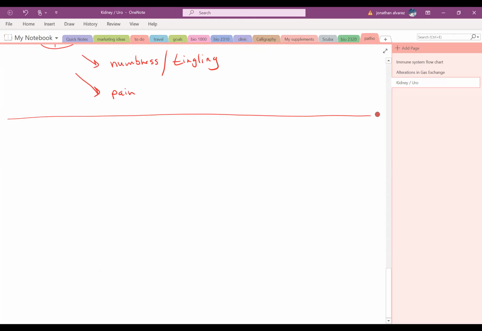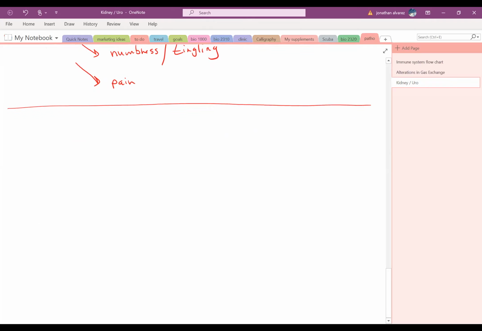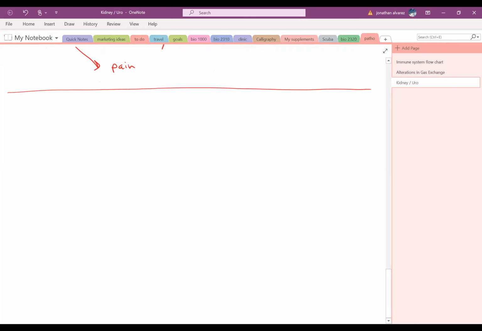Okay, so I'm going to do a very quick renal function review and reminder, because there are some things that you should know. Hopefully this is a review from ANP2 when you did renal stuff.